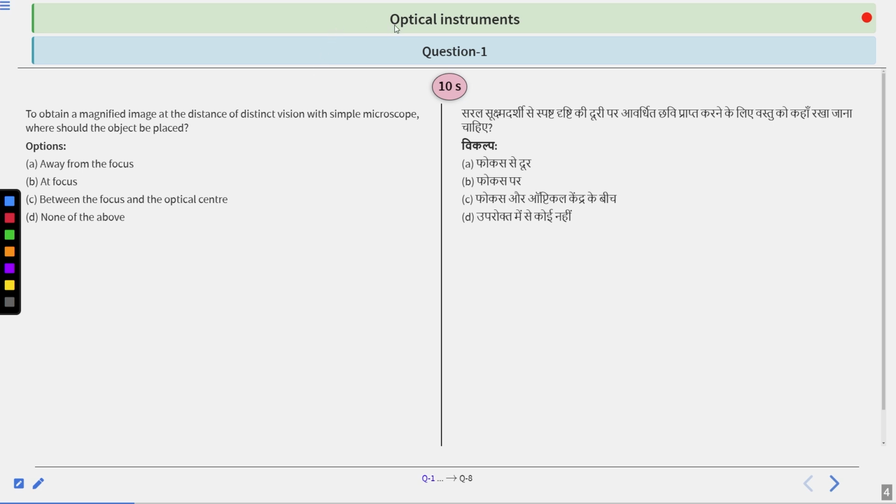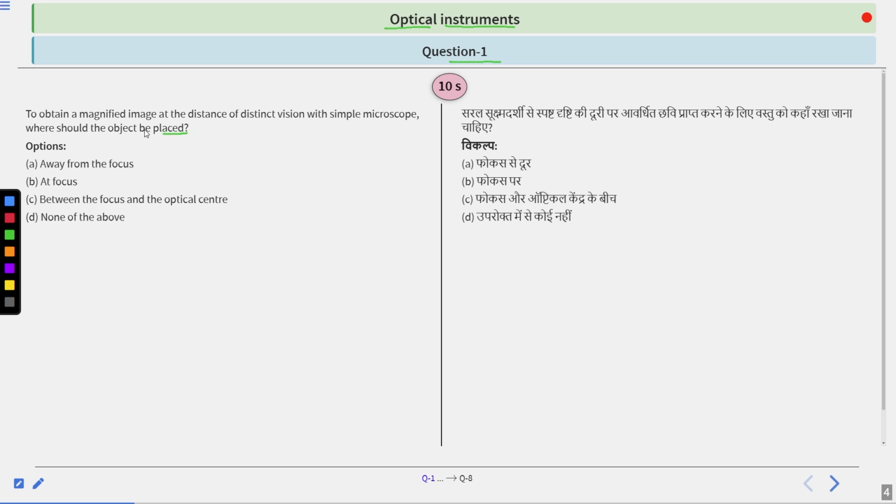So, the topic is optical instruments. Question first. The question is, to obtain a magnified image at the distance of distinct vision with a simple microscope, where should the object be placed? Listen carefully.